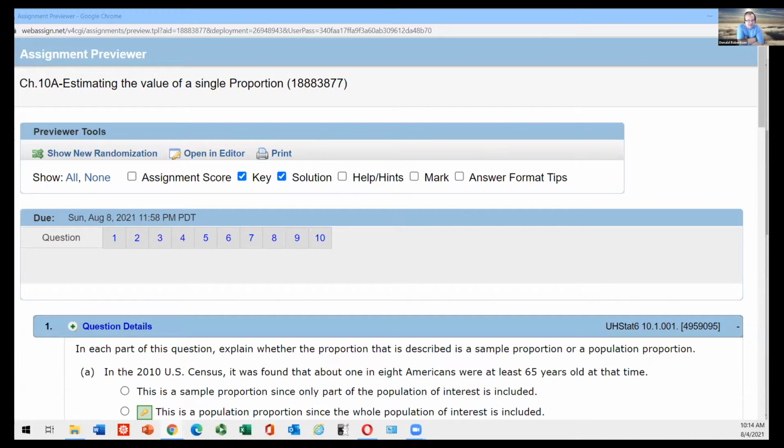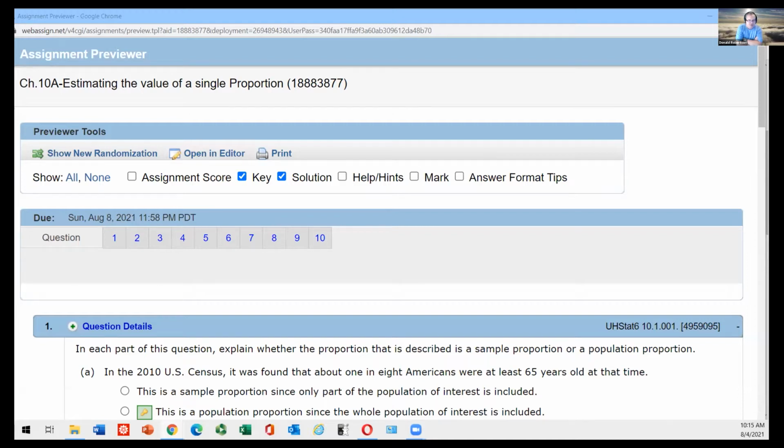Now, C, in a clinical trial done to assess the effectiveness of a new medication for asthma, satisfactory relief was experienced by 56% of the people. I've got a little window that's covering up half my writing. There we go.